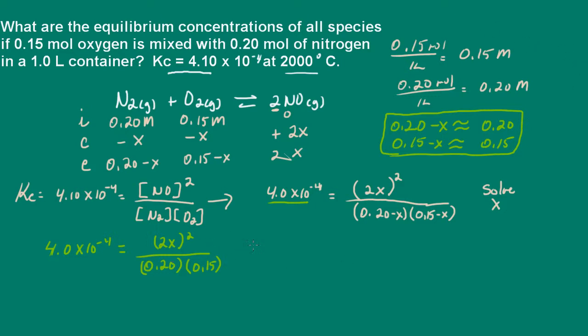I'm going to solve this for X, and when I do solve this expression for X, I end up with X equal to 1.7536 times 10 to the negative 3 molar. So I can either plug X in and check the assumptions up here, or I can use the 5% rule. I'll show you how to do both in a moment.